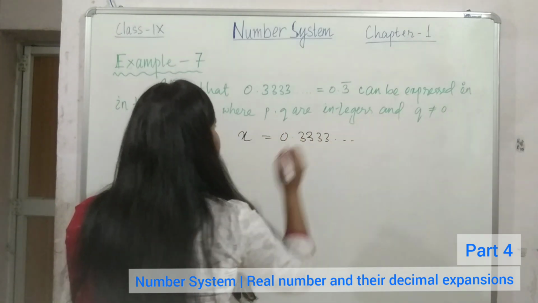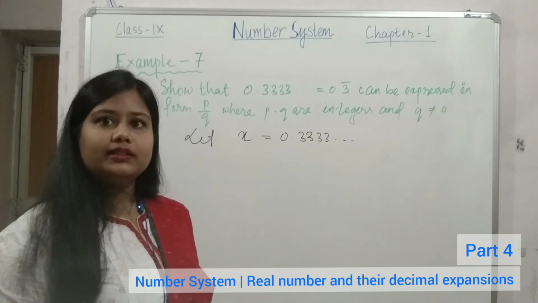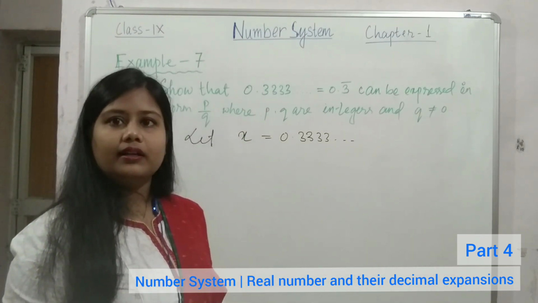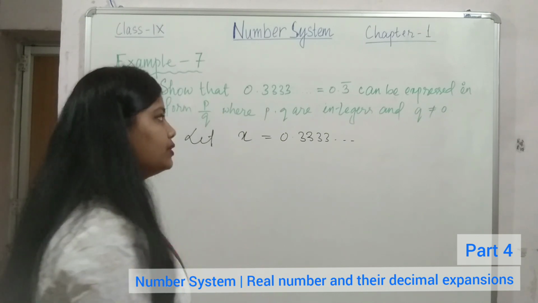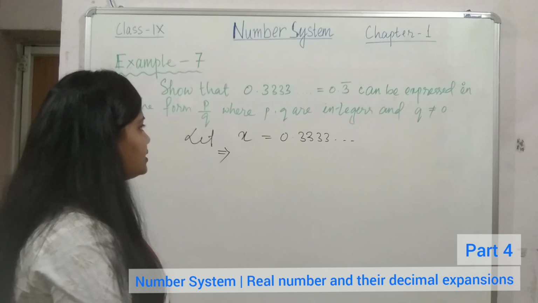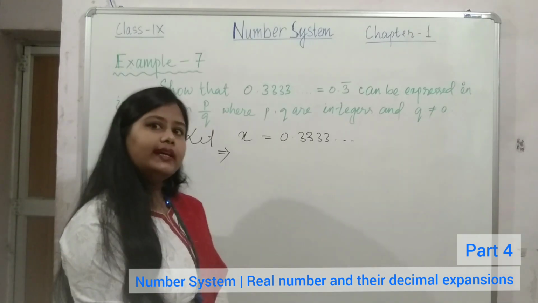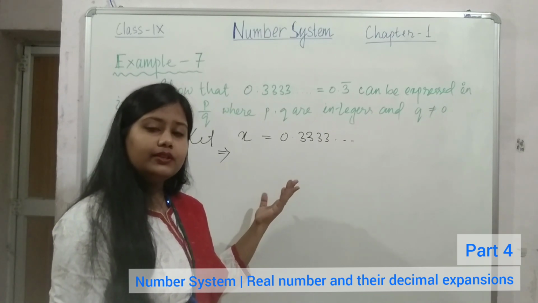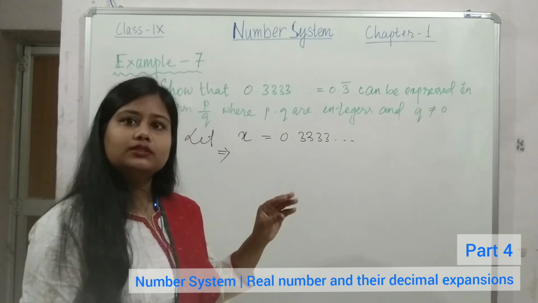0.333... Now let us consider this as an equation, and we'll follow afterwards. Multiply 10 on each side. Why am I multiplying by 10? You will get to know it after solving a few examples of this type.